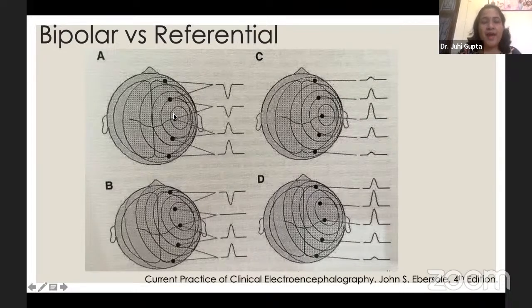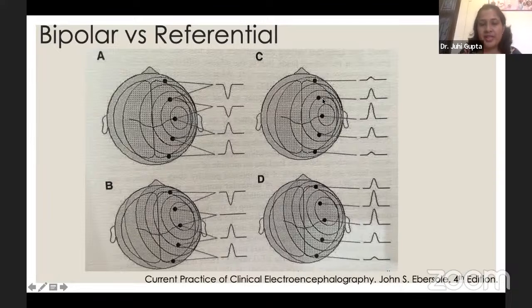Where you have the maximum potential, as you move away in one direction you will have downward deflections, and moving away in another direction you will have upward deflections. At the site of maximum EEG potential, you will have a phase reversal in a bipolar montage. Patterns A and B are bipolar montages, and C and D are showing referential montage.